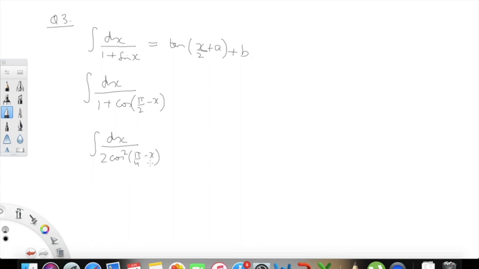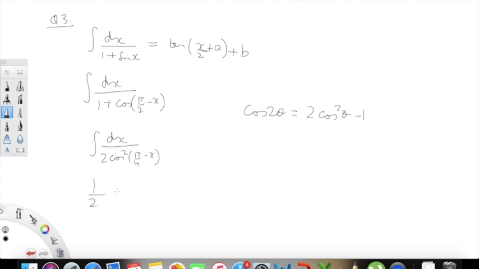So that's what I said, guys. Our basics of trigonometry need to be polished. What we see here is a formula of cos 2 theta, which says it's 2 cos square theta minus 1. And we just rearrange the terms, and that's how we get 2 cos square (pi by 4 minus x) in the denominator.